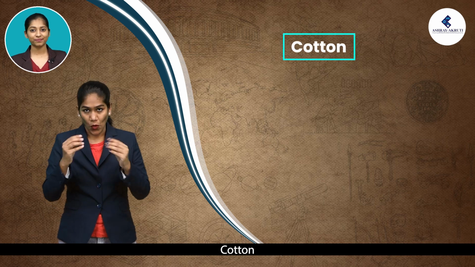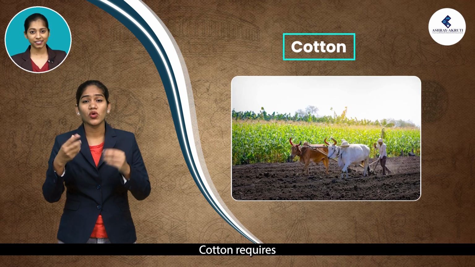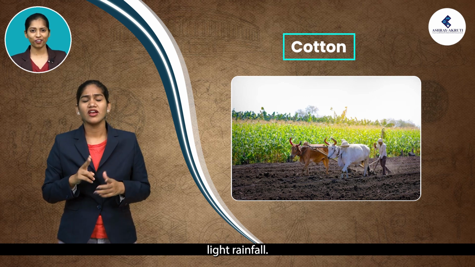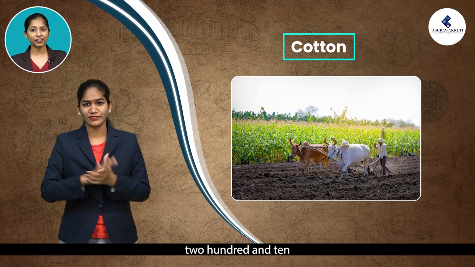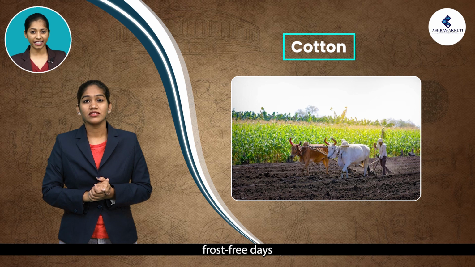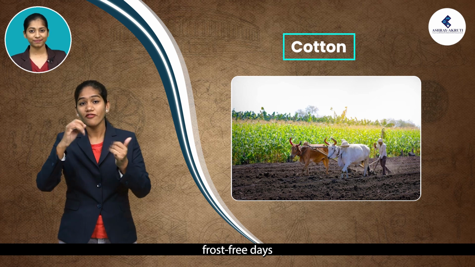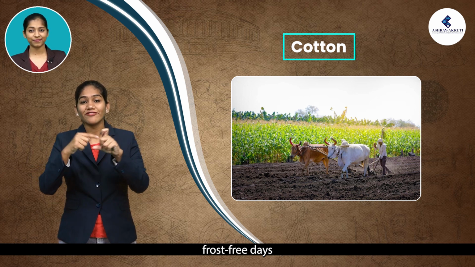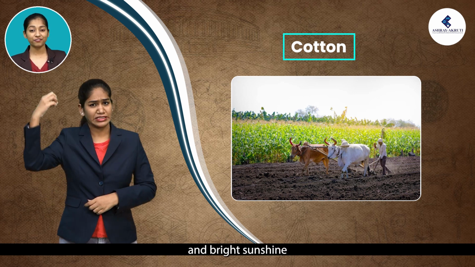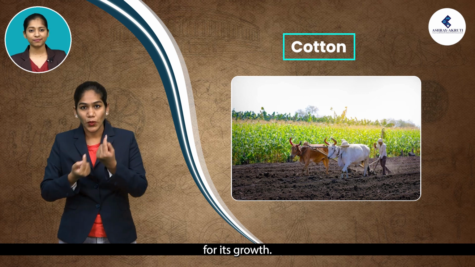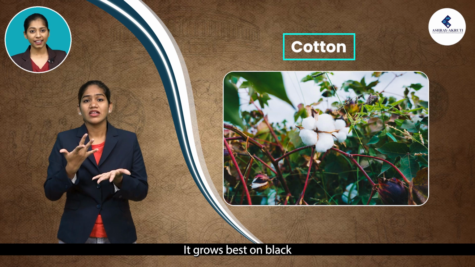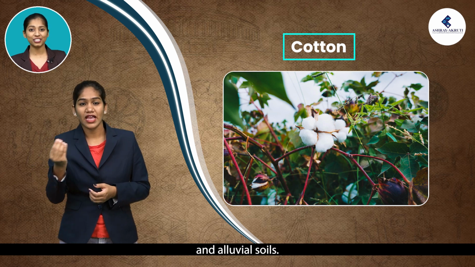Cotton. Cotton requires high temperature, light rainfall, 210 frost-free days, and bright sunshine for its growth. It grows best on black and alluvial soils.